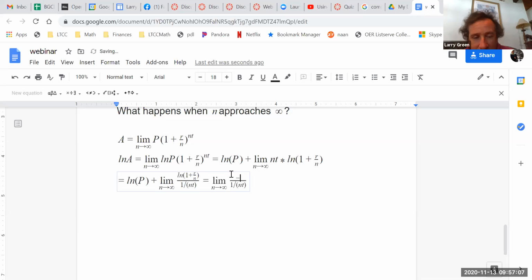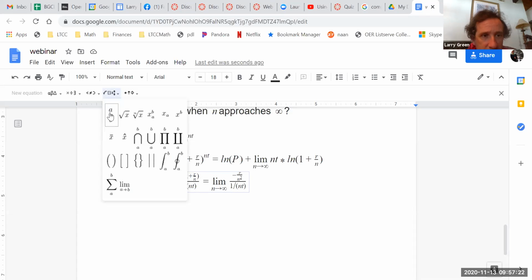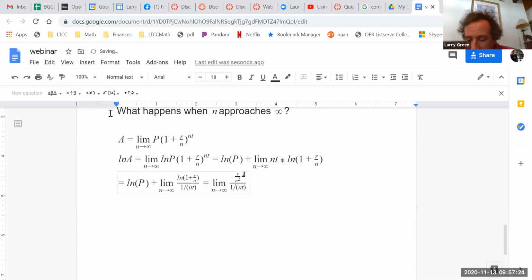We have negative r over n squared, and then we have a log, and the derivative of the log is 1 over the function. So that's times 1 over 1 plus r over n.